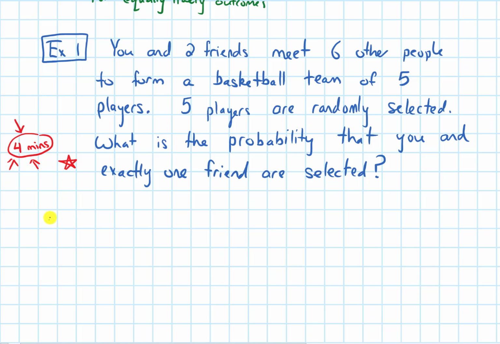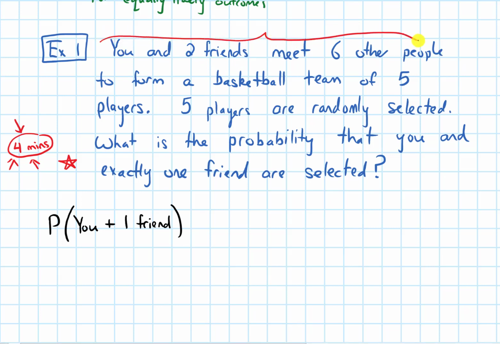So this question wants the probability that you and exactly one friend are selected to be on this team of 5 players. So I'm just going to write P and then in parentheses you plus one friend. How many total people are part of this group?